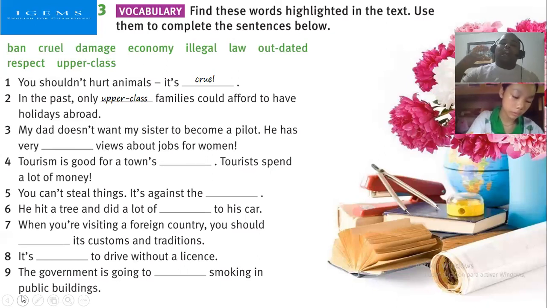But we have another category that is not rich, but is economically better than the medium class, and that is the upper class. They are not rich, but they aren't living too bad either.